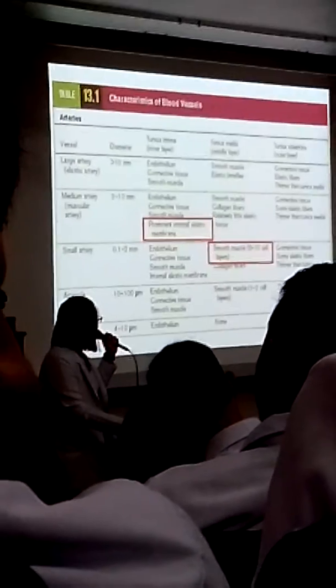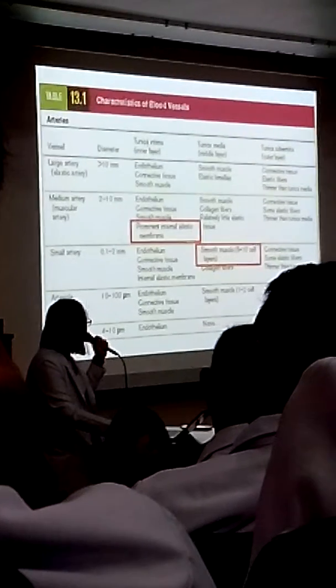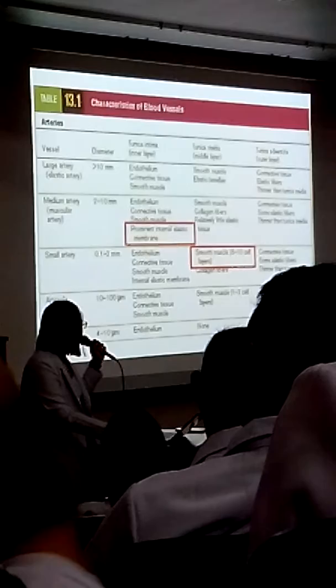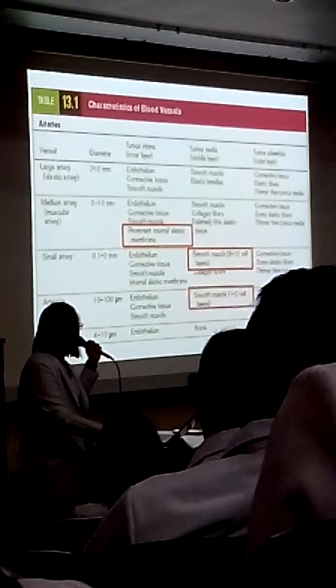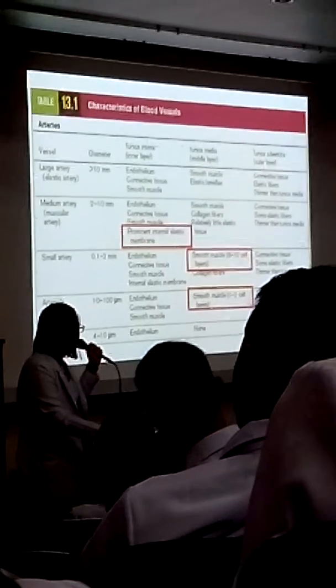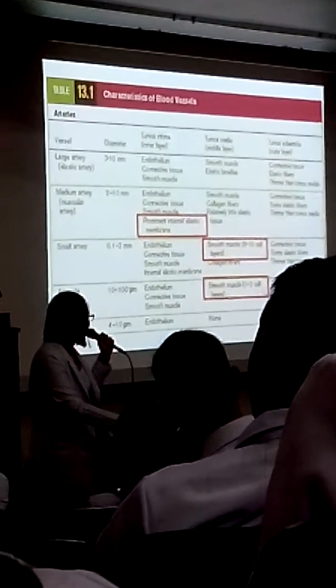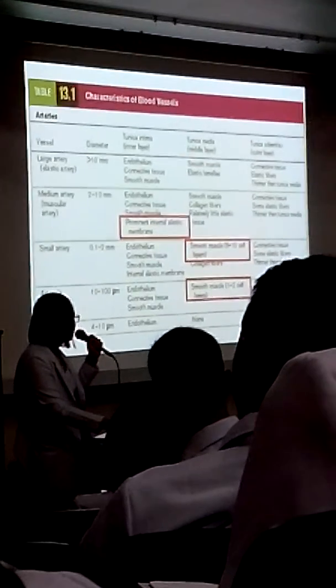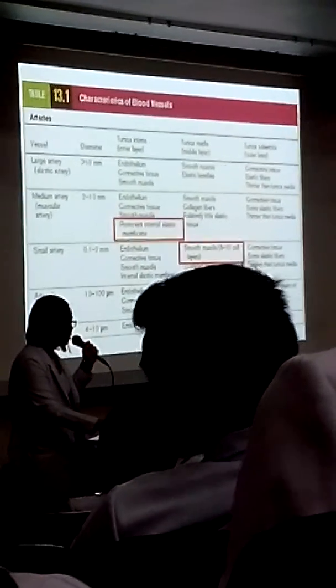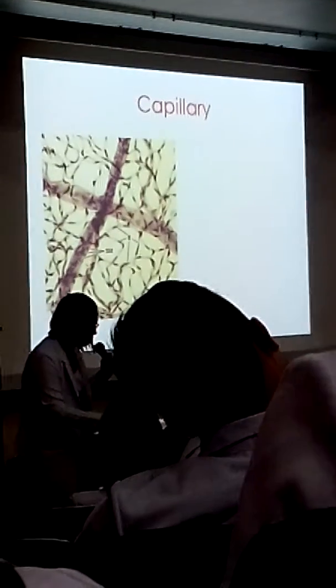Your small artery has lesser layers of smooth muscle, about 8 to 10. And for your arteriole, your smooth muscle is about 1 to 2 cell layers. How about your capillaries? None. So it is just composed of your endothelium plus your basement membrane or basal lamina.